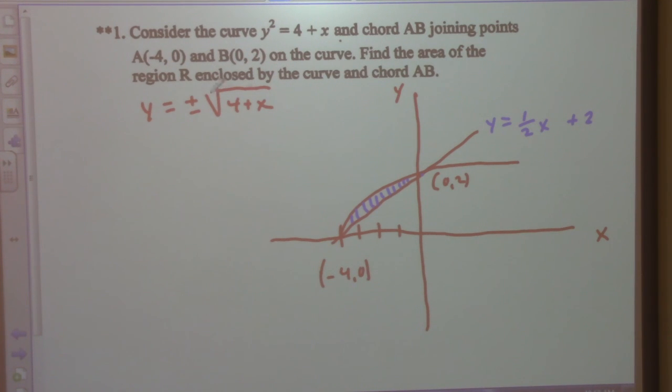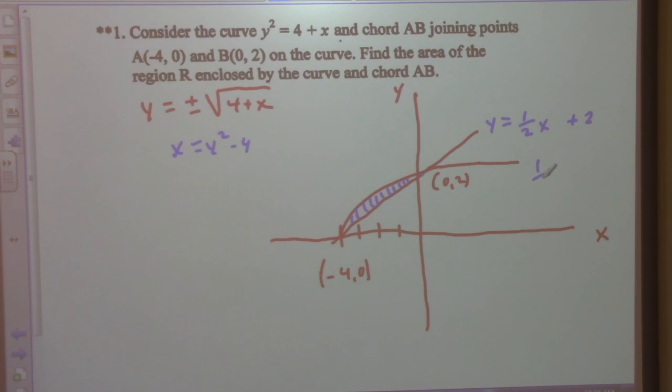And then to find what that is in terms of y, for the curve we're going to have x equals y squared minus 4. That's what that is going to be. What is the line going to be?